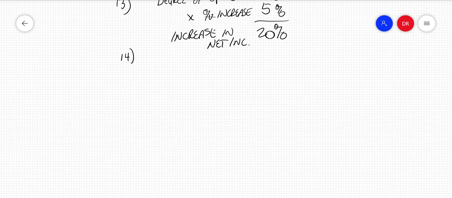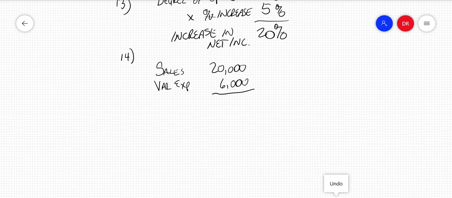Well, let's do the contribution margin income statement. So we have sales of 20,000. And then we're going to have variable expenses. Now remember, they said they were reversed, so the variable expense, instead of being $12,000, is now $6,000.